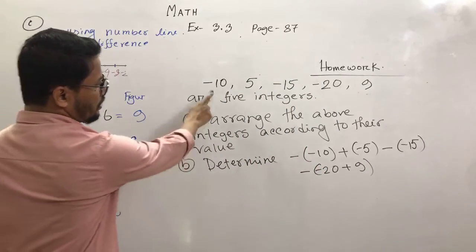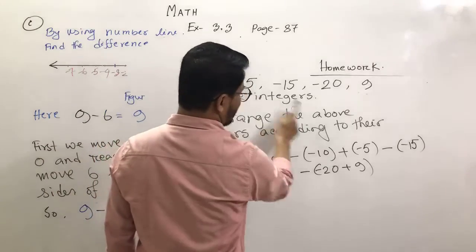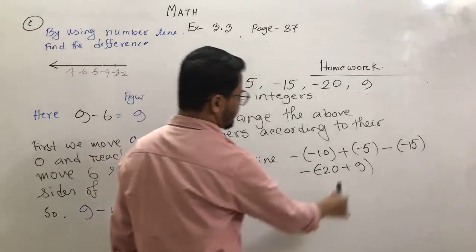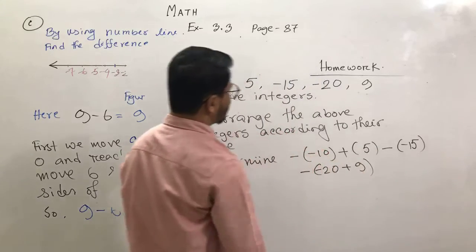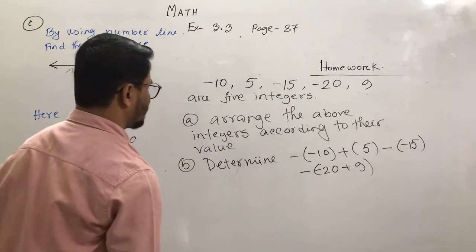Minus 10, the minus 10 minus 5, there is no minus 5, just use here 5 minus 5 and the plus 20.